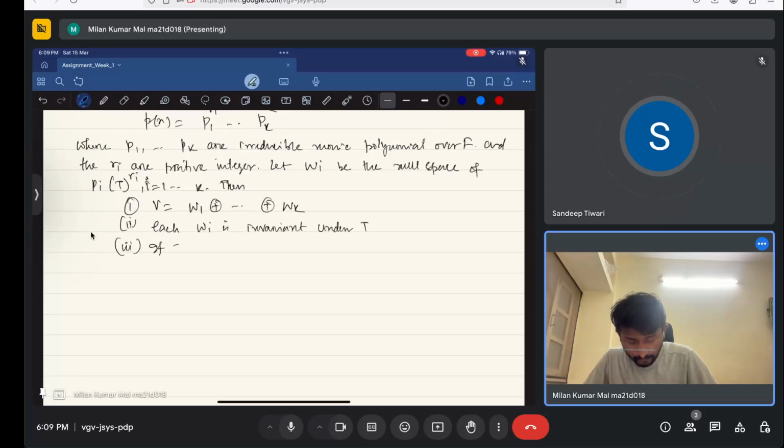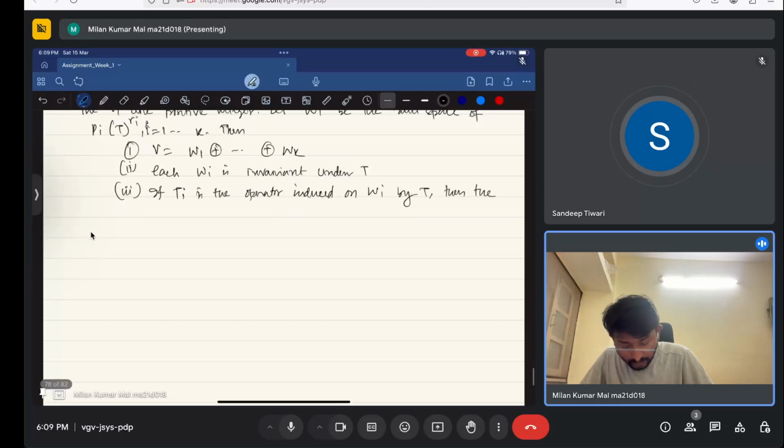And third, if Ti is the operator induced on Wi by T, then the minimal polynomial of Ti is Pi to the power ri.